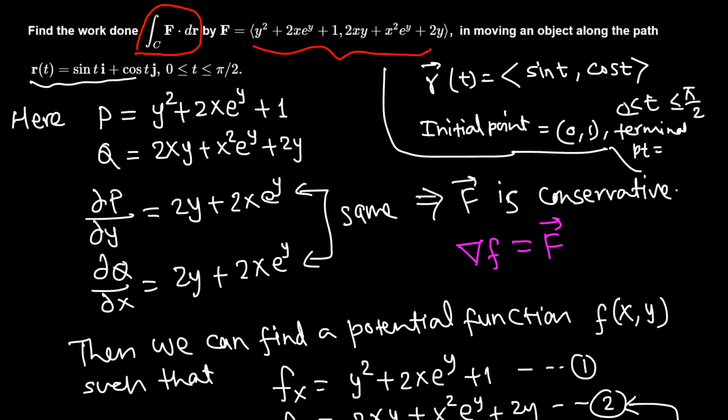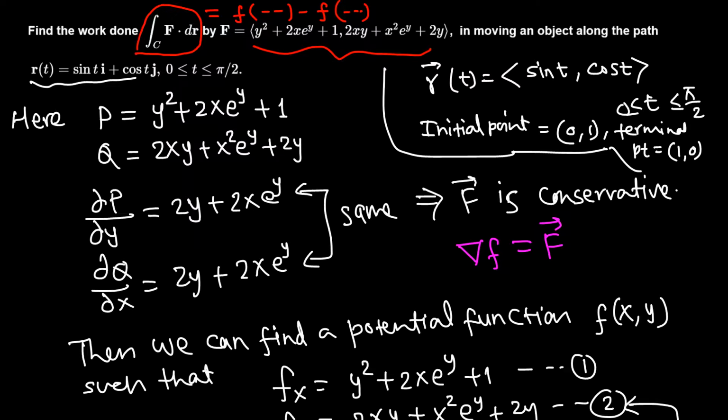Plug in t equals pi over 2: sine pi over 2 is 1, cosine pi over 2 is 0, so (1, 0). Since F is conservative, the work done is the same as the potential function evaluated at the terminal point minus the potential function evaluated at the initial point. The initial point is (0, 1), the terminal point is (1, 0).